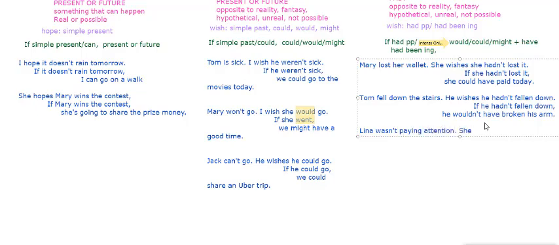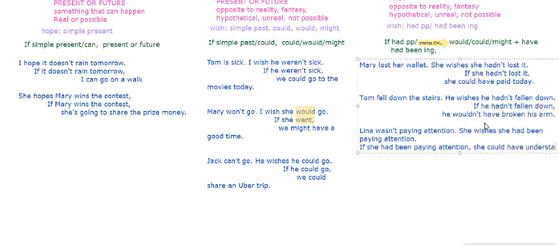She didn't hear something important, so she wishes she had been paying attention, right? So I said that if she had been paying attention, she could have understood the grammar.